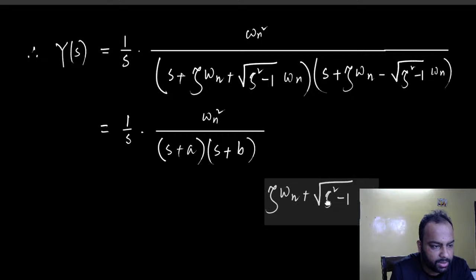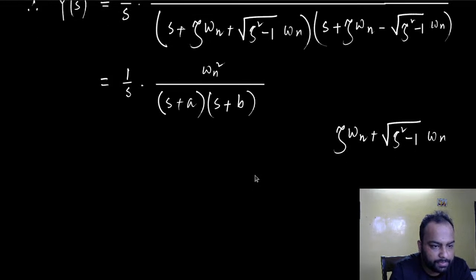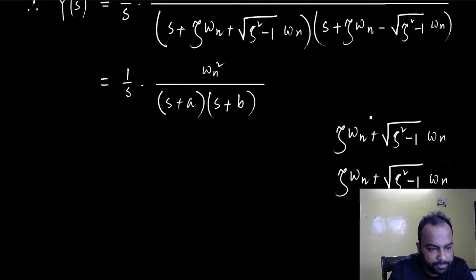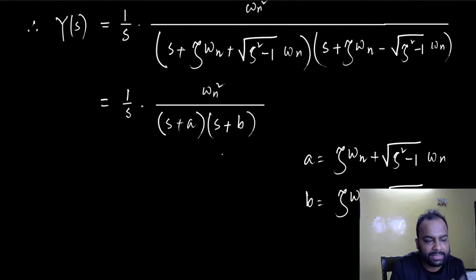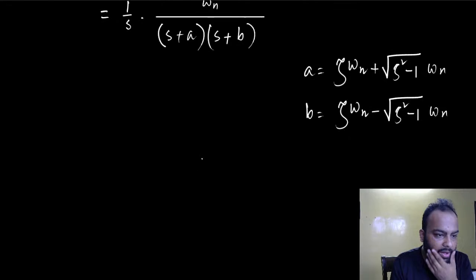That's my a, that's my b. So I'm assuming a to be this, b to be equal to this. With that said, we have just written a simplified form, so that we can actually deal with these things, right?